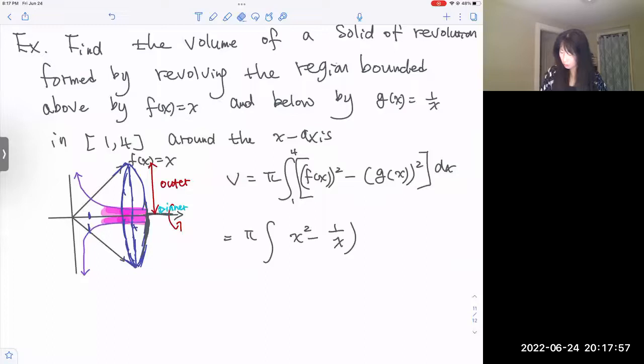Let me write it down this way. Okay, we can integrate term by term, right? So can you please do that? Pi, the first term, what do we have?